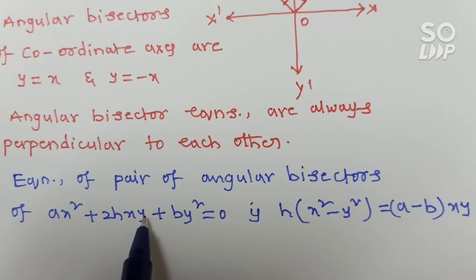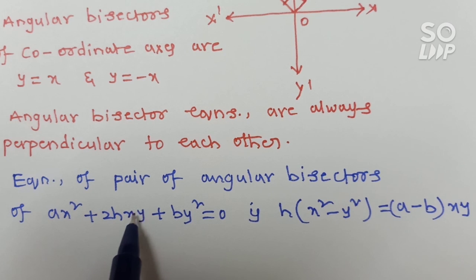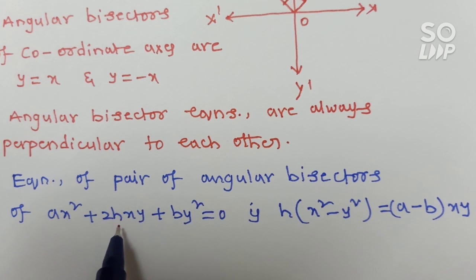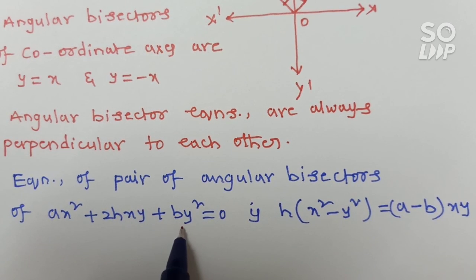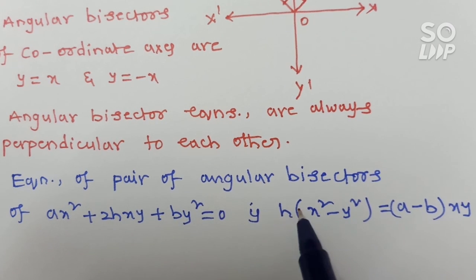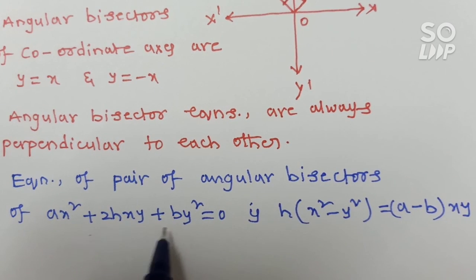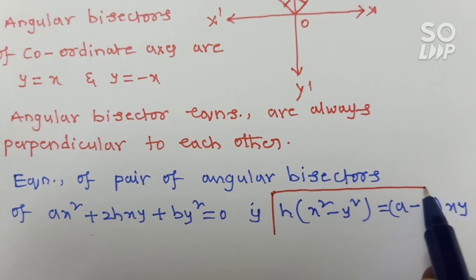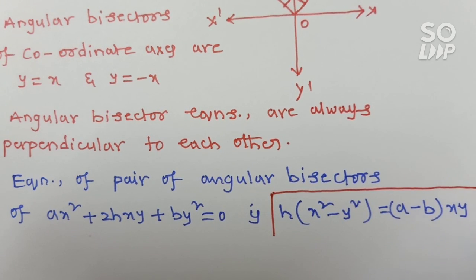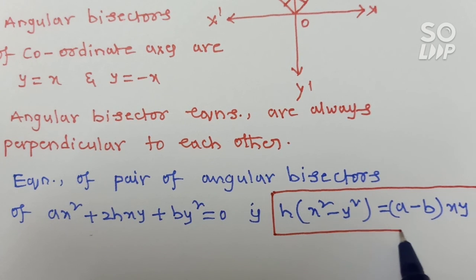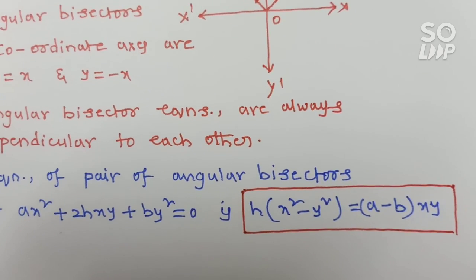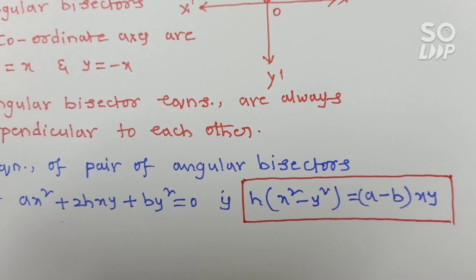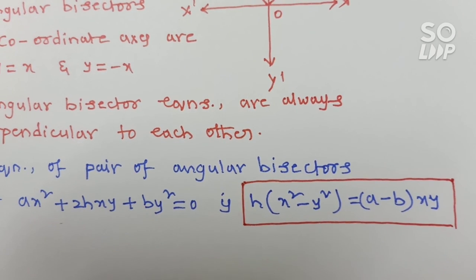In the second term, the sum of the powers is 2, so the degree of the second term is also 2. The degree of the third term is also 2. So this pair of angular bisectors equation will be h into (x square minus y square) equals (a minus b) into xy.